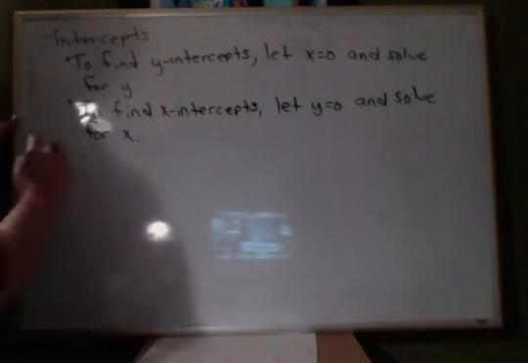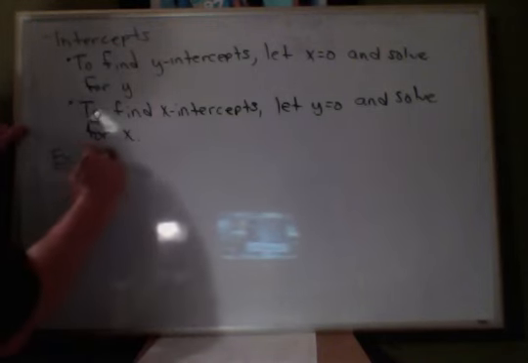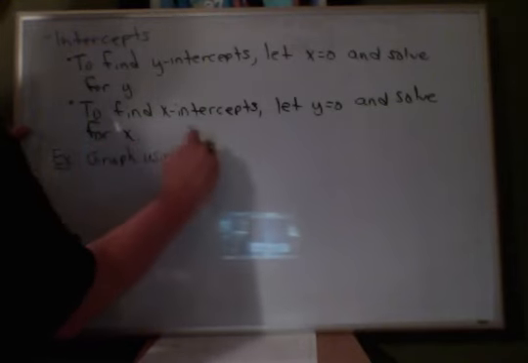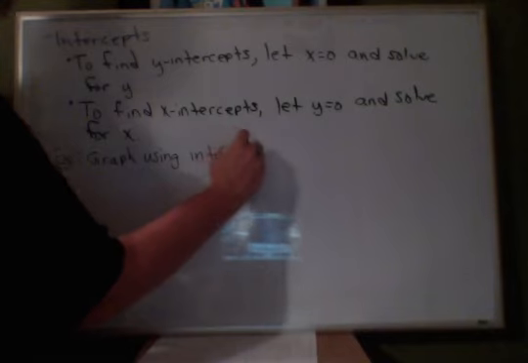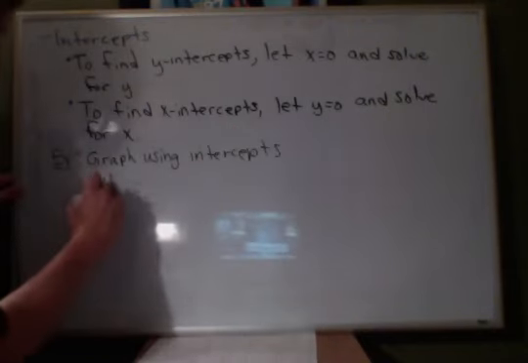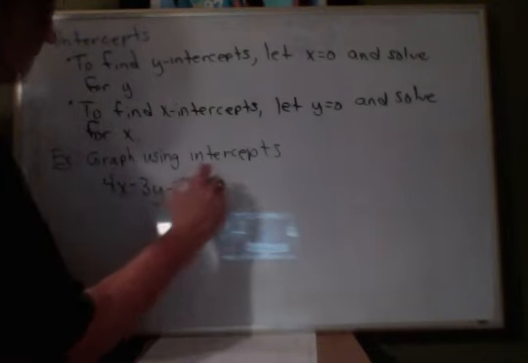All right, so let's look at an example. Graph using intercepts. And the equation is 4x minus 3y minus 6 equals 0.